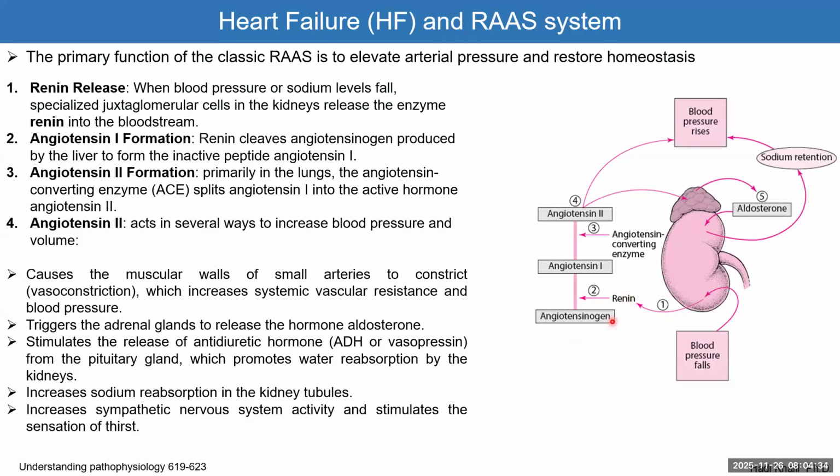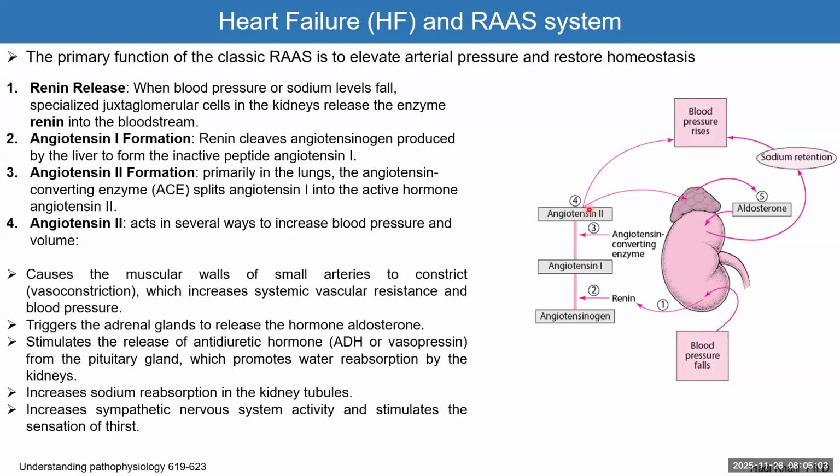Renin acts on angiotensinogen, which is produced mainly in the liver, to become angiotensin 1. Then angiotensin 1 circulates to the lungs, where it is converted by angiotensin converting enzyme, which is called ACE. Most of the time you hear about it as ACE. It becomes angiotensin 2.